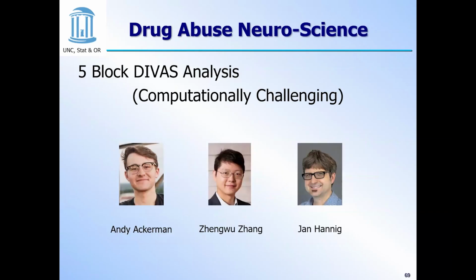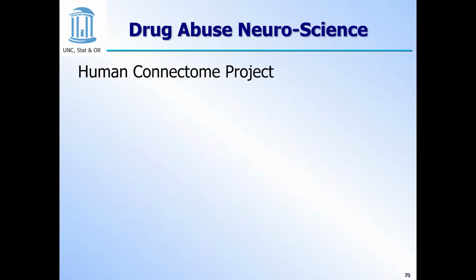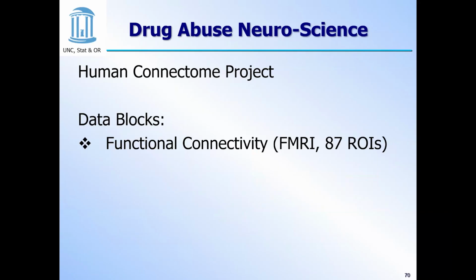Now, just for fun, I'm going to do some DIVAS analysis with a multi-block data set from the neuroscience world. Andy Ackerman is a student who did that. Jungyu Zhang is a colleague who does neuroscience. We're going to look at data from the Human Connectome project. This data set had big data blocks. One is called functional connectivity.